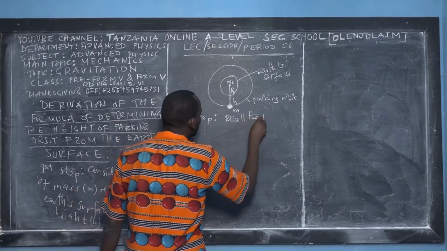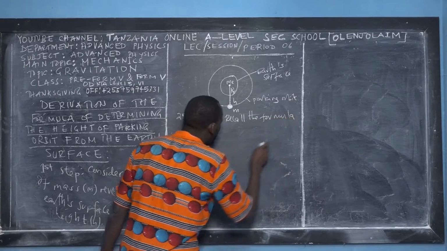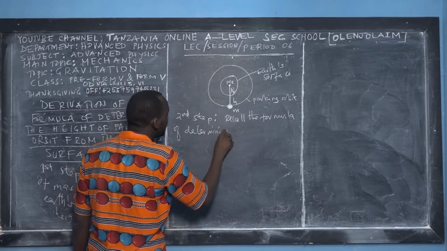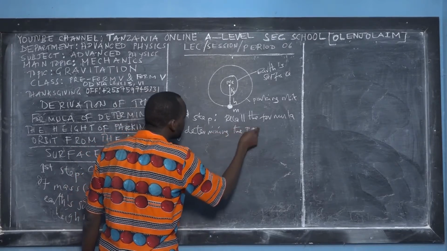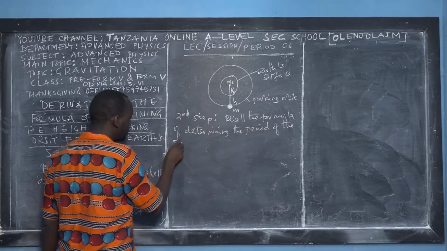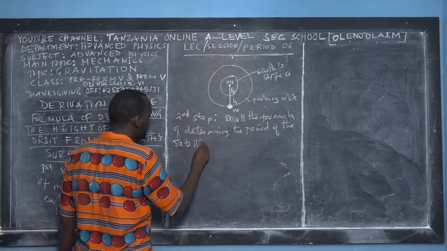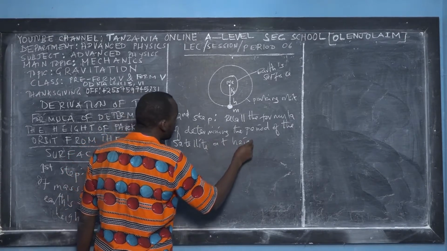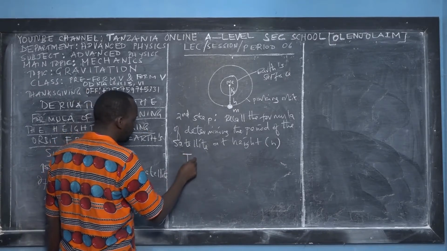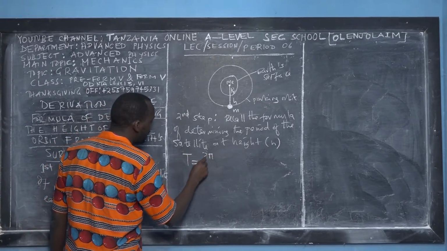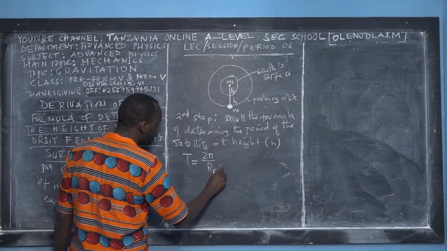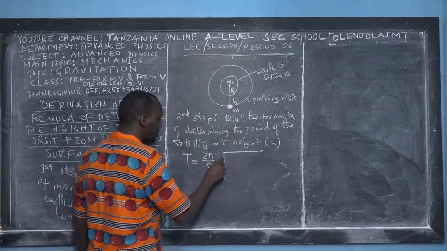Recall the formula for determining the period of the satellite at height h. I told you that the period will be equal to 2 pi, and then you have the radius of the Earth, then you have the square root of what?